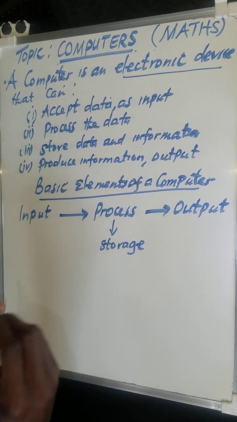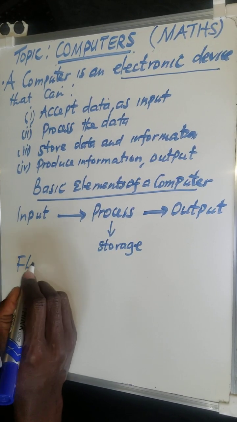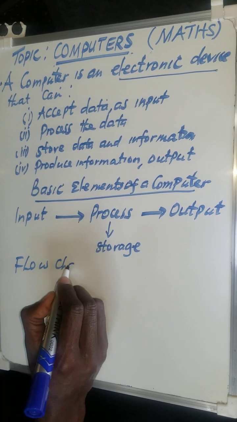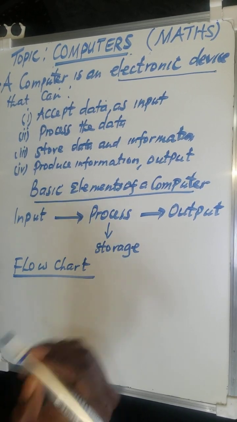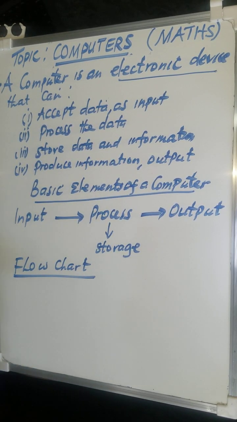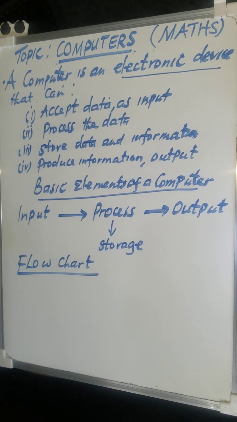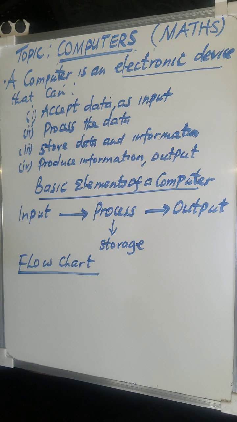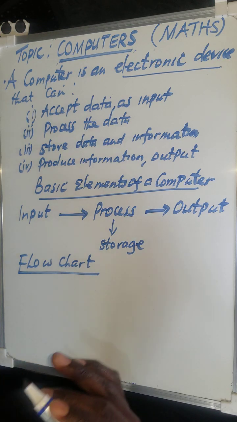Now this briefly leads me to what I'm calling a flow chart. When we talk about a flow chart, what exactly are we talking about? Remember that a computer carries out all its tasks in a logical order.